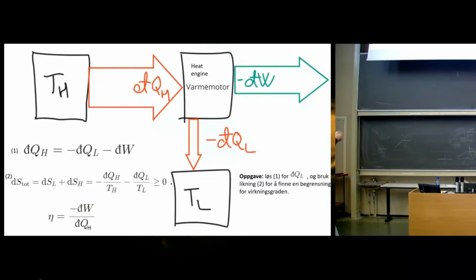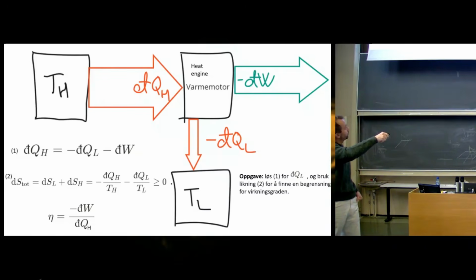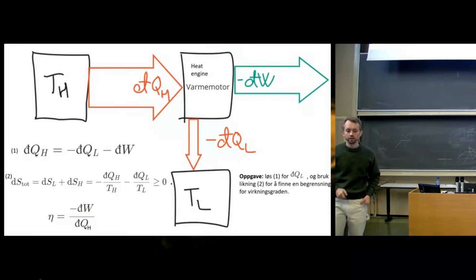And we have an expression for the efficiency of this engine. So what I would like you to do now is take this equation, solve for dQL, should be fast, then use the second equation to find a limit for the efficiency of an engine given these two equations. You have 30 seconds. Go.